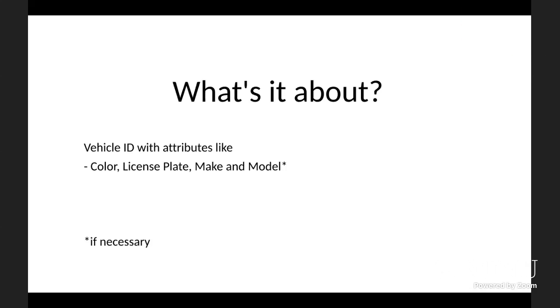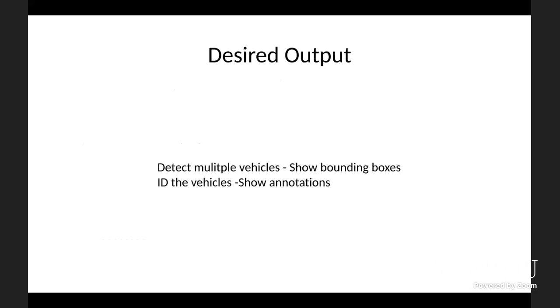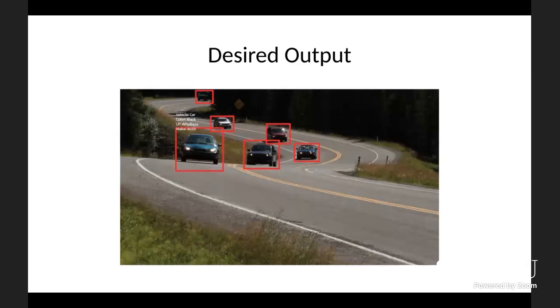Can I continue? Yes, please. So what we finally aim to achieve is to detect multiple vehicles and show their bounding boxes. We also want to ID the vehicles and show the attributes which belong to them. It would be something like this.